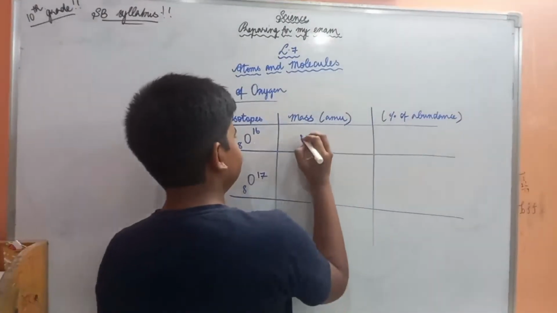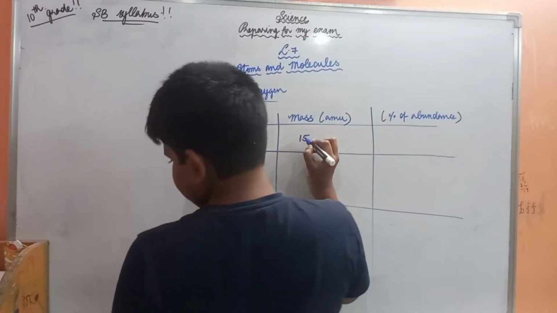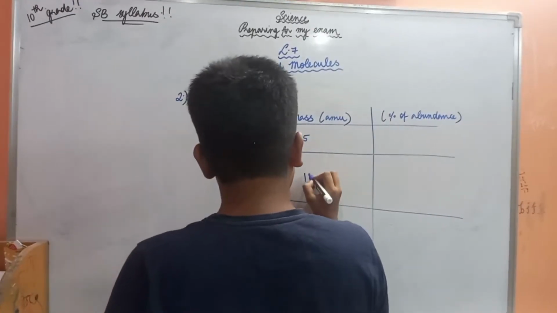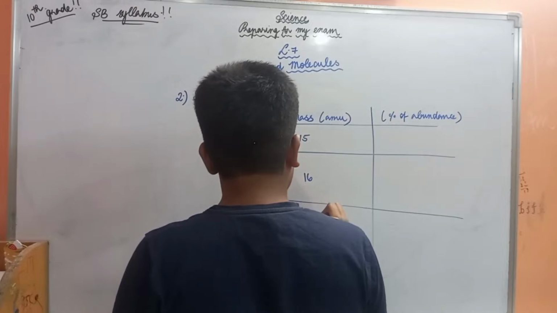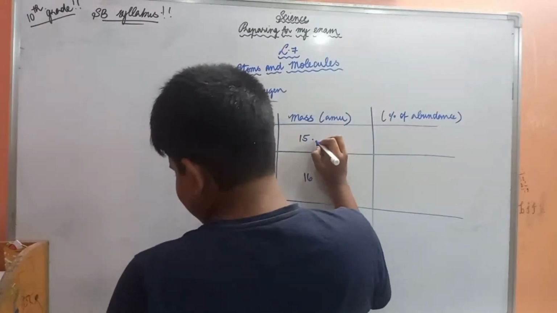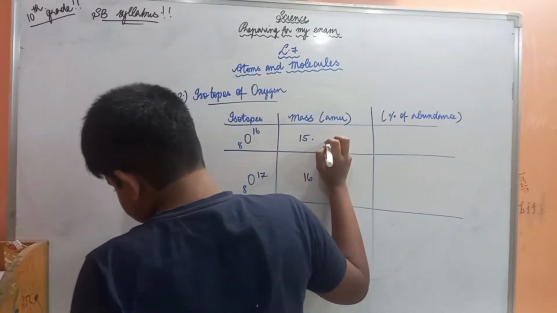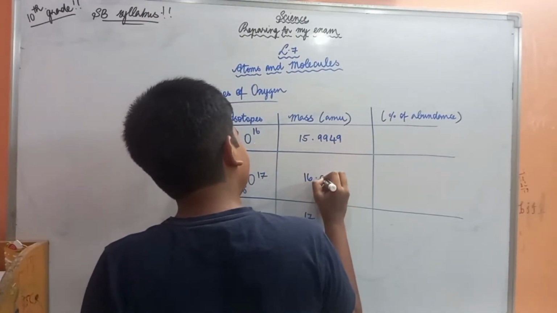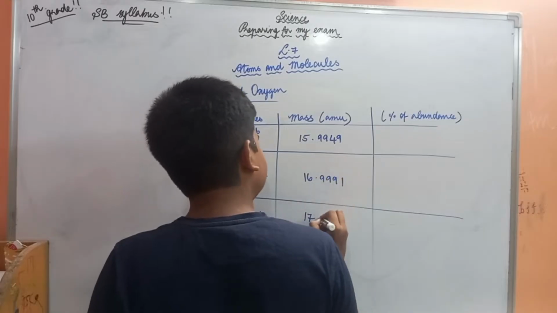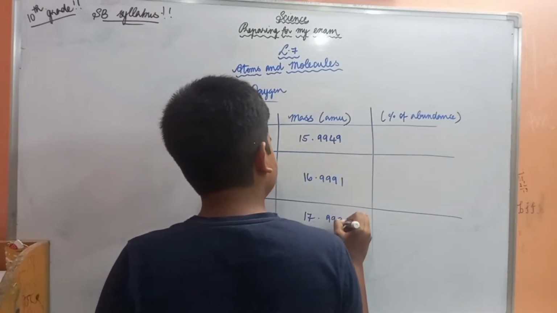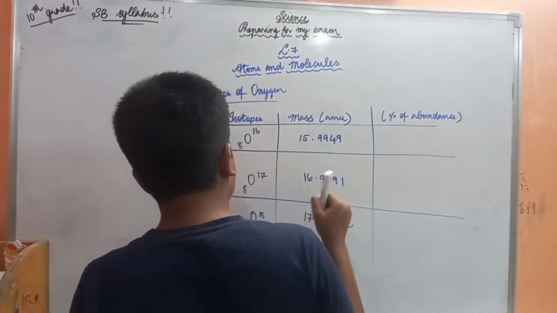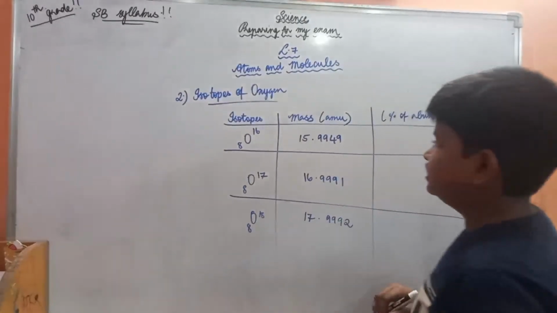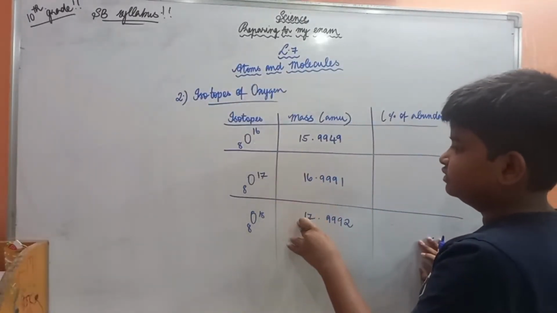The mass will be 15, 16, and 17. This is 0.9949, 0.9991, 0.9992. Remember guys, 15, 16, 17.